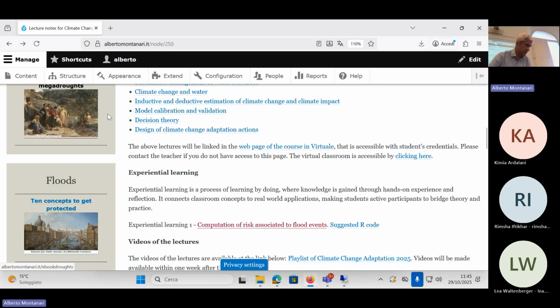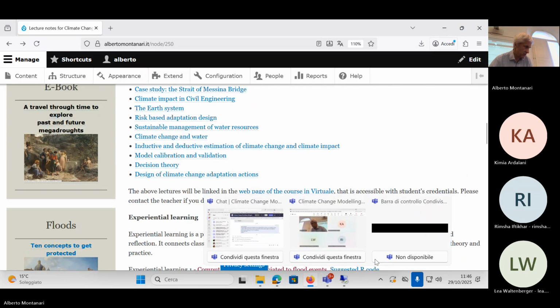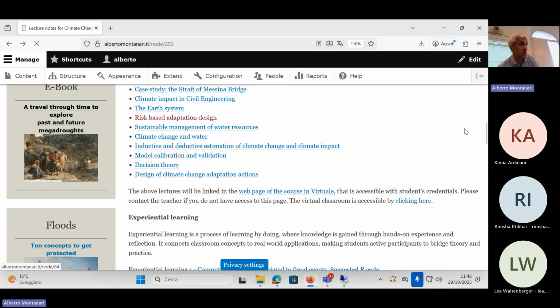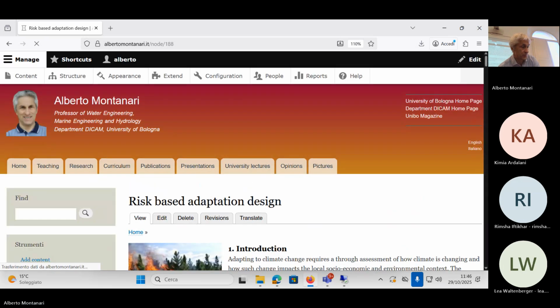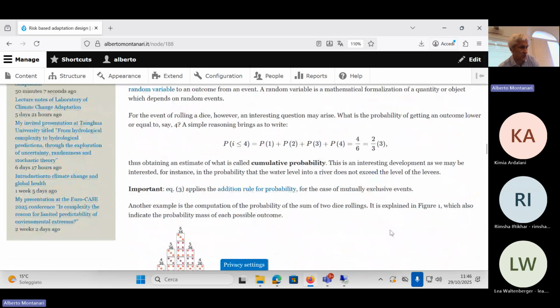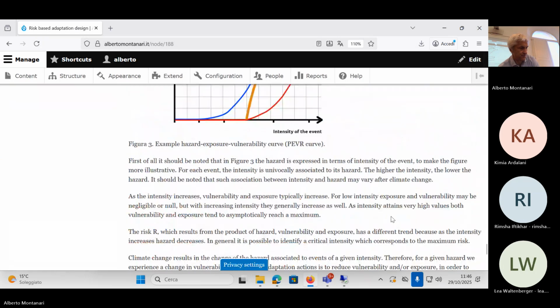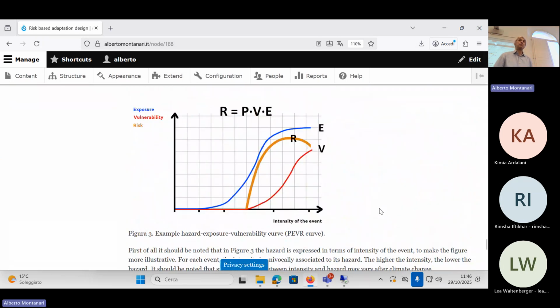Here it is, the risk-based adaptation design. So I'm not getting the same graph as here, because the probability of not exceedance is increasing for increasing intensity of the event, if you think of it. But let's follow the suggestion of the exercise.